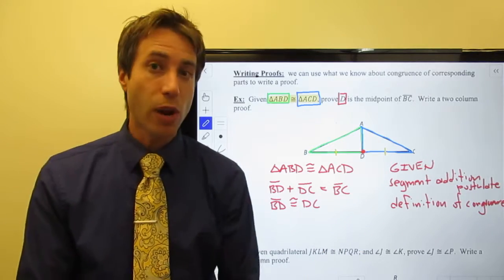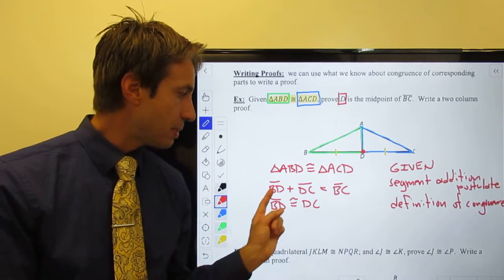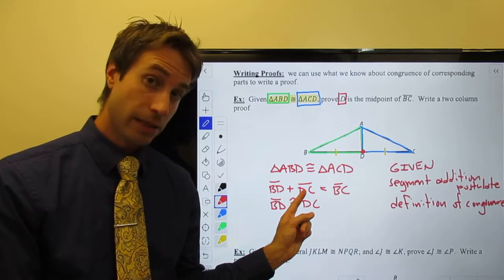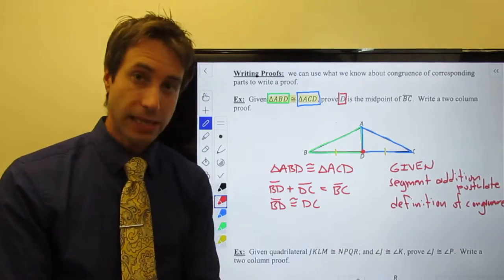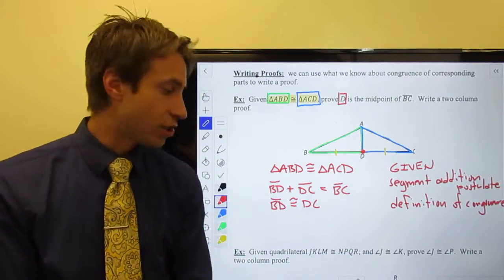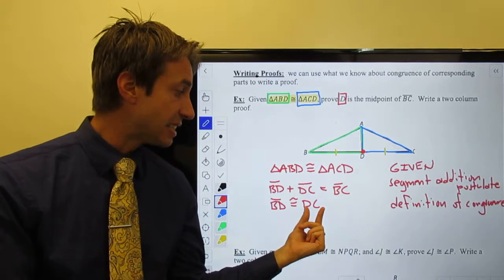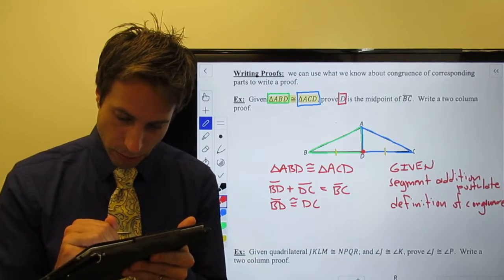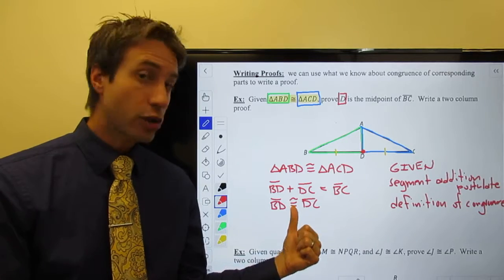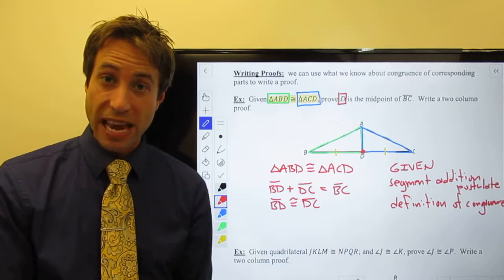All right, well, here's what I know. BD plus DC gets me BC. And because of the definition of congruence, BD and DC are congruent. So what do I then know?